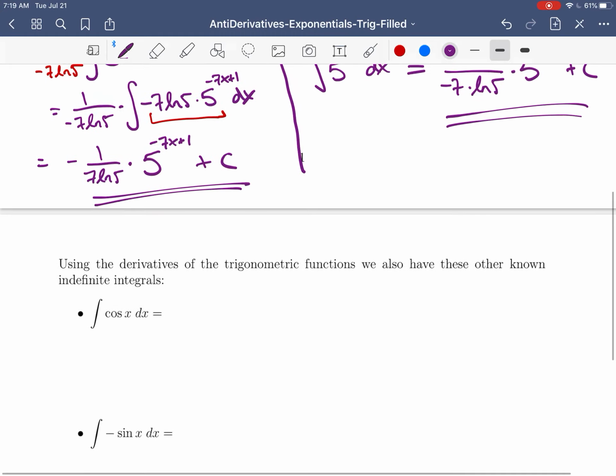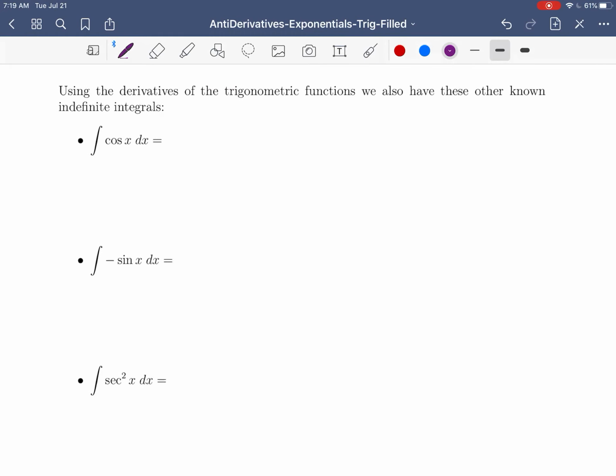So trig functions, we also know a bunch of antiderivatives for. If you remember your derivatives, then you'll know your antiderivatives. If I wanted the integral of cos x dx, that means I want the derivative of something to equal cos x.